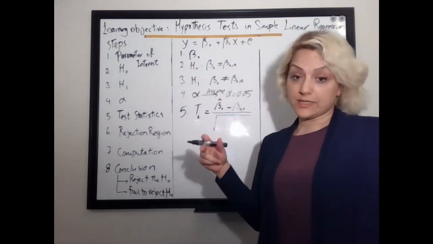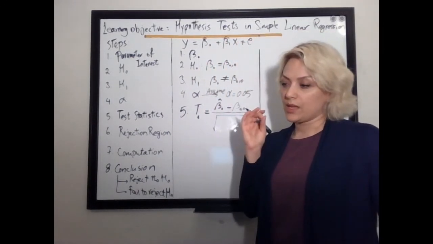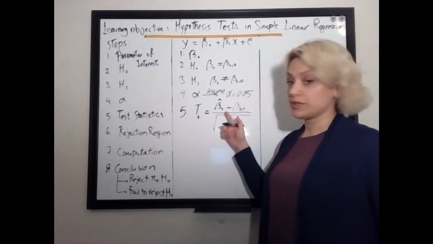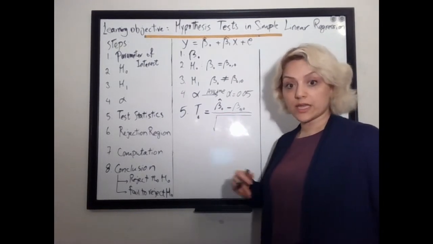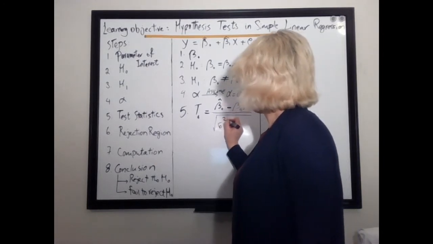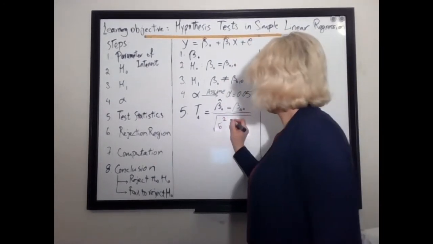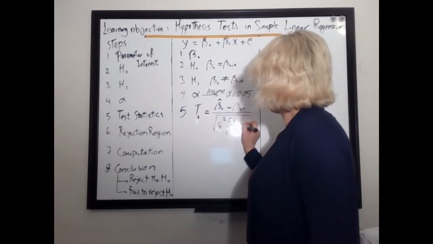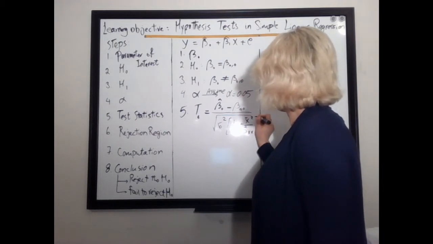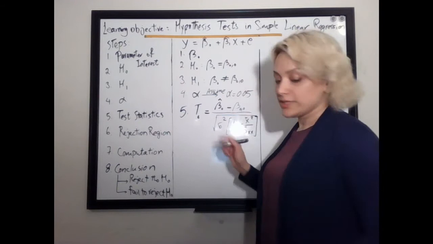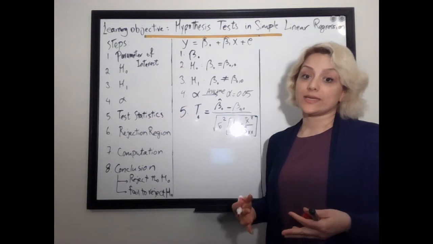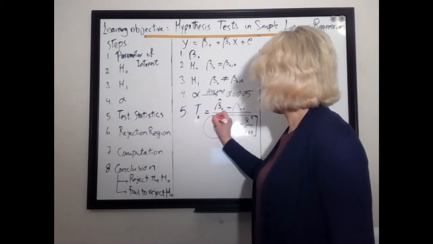if you go back to the previous video when we talked about the sum of squares in regression analysis, we talked about the variance that we would have for beta null. So the standard error here is going to be the square root of that. I would write down the square root of sigma squared times (1 over n plus x bar squared over Sxx). This is my standard error for the beta null estimate, the whole denominator.